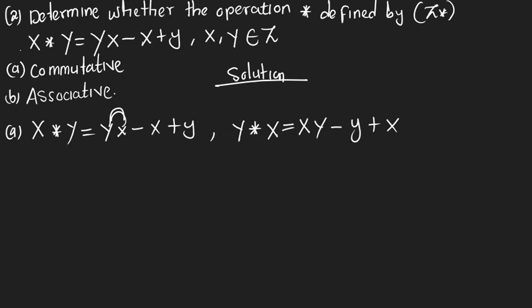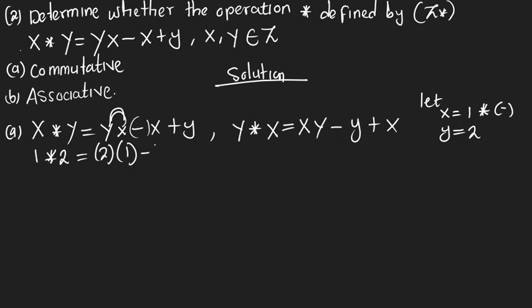Then we let x equal to 1, y equal to 2. So this implies that here we are going to say 1 star 2. Star is a minus. Where there is y, I can put 2. Where there is x, I can put 1, minus, then here I'm going to put a 1, then plus 2. This is going to equal 2 minus 1 plus 2.